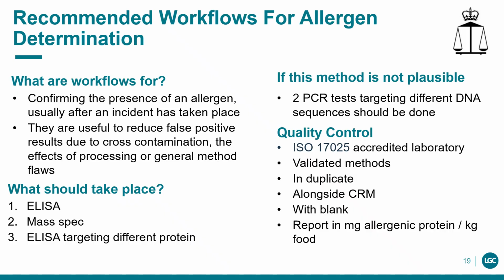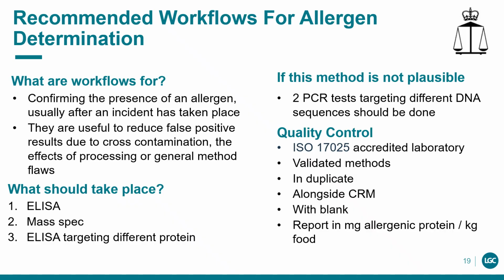The ideal workflow for the detection of allergenic proteins begins with an ELISA test that can detect allergens. If a negative result is returned, peptide LC-MS should then be used as a confirmatory step. If this is also negative, further ELISA tests targeting different allergenic proteins should be carried out. In most cases, PCR is not the preferred choice, as it does not directly detect the allergenic protein.